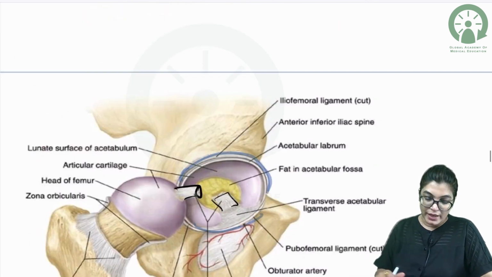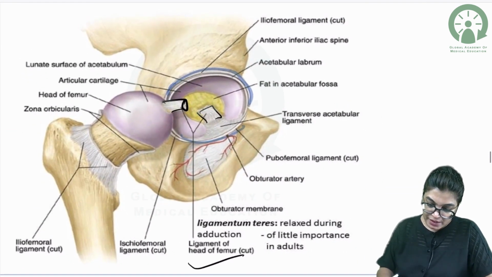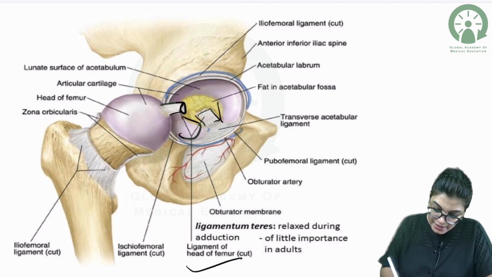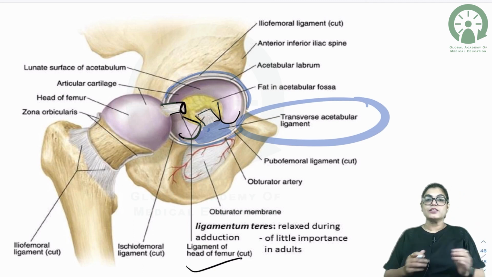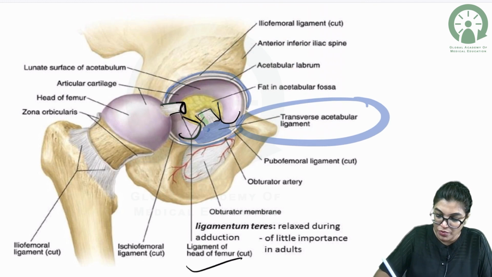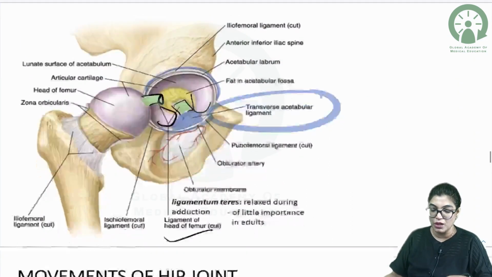Also, you can clearly see the acetabular notch, and this acetabular notch is bridged by the transverse acetabular ligament. The round ligament of head of femur, with its base, is merging with the transverse acetabular ligament. So, they are giving secondary support to the hip joint.